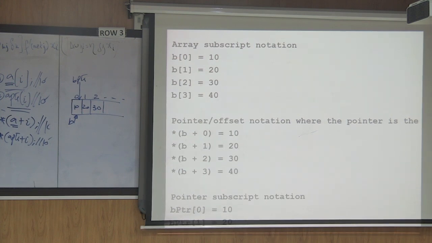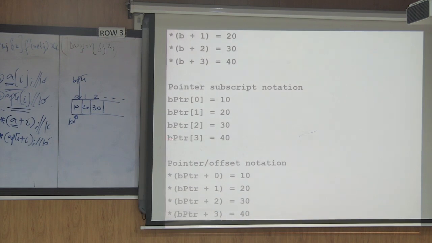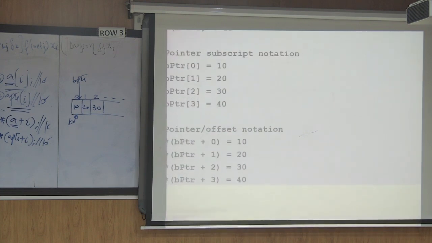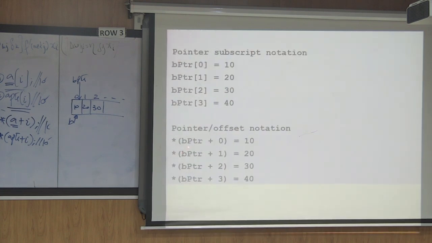Second, BPTR of 0 will definitely give us 10, isn't it? There is one more notation, asterisk BPTR plus 0. If we just replace this B with the pointer, comes the 4th notation: BPTR plus 0. So all of these notations help us to display the same contents.